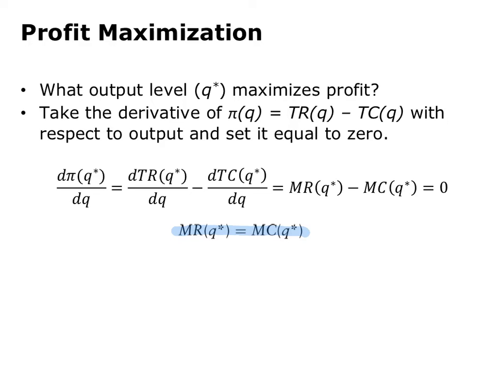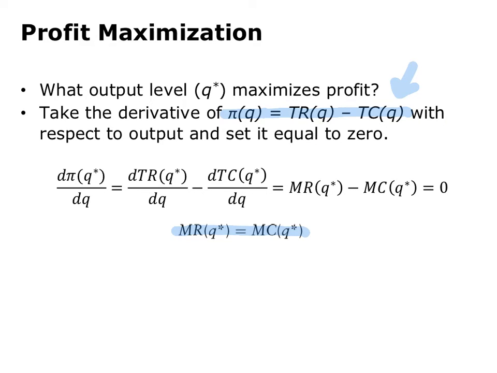Here the firm is trying to maximize profit, where profit, denoted pi, is a function of output and is equal to total revenue minus total cost.